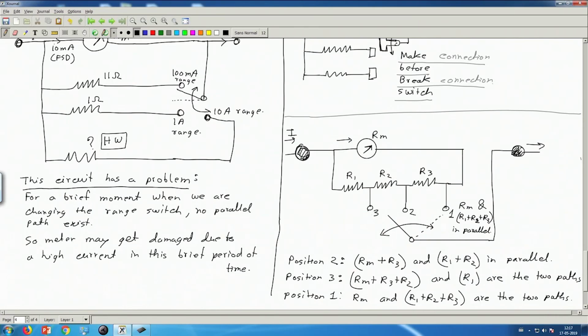So more current is bypassed from the meter. This is a higher range, so position 3 is the higher range.